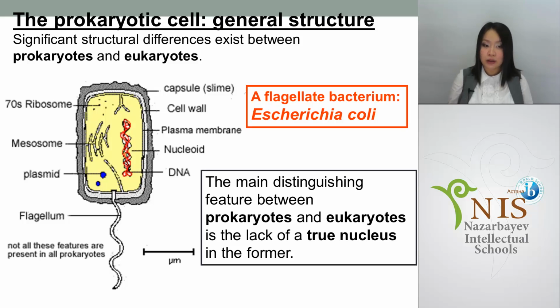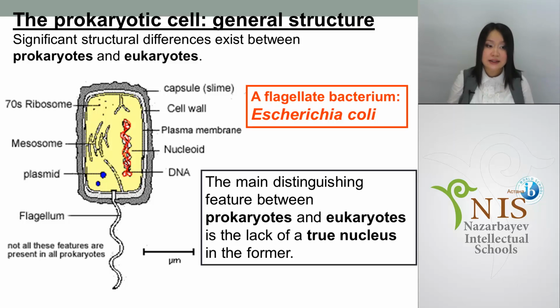Then it has a cell wall, and then the plasma membrane. Then inside you could find cytoplasm. And then you see here the nucleoid, DNA, plasmid, the circular one, mesosome, which is enfolding inside, and ribosome.